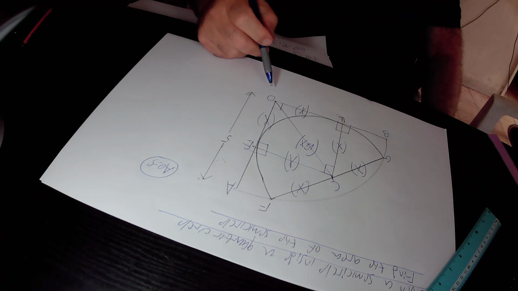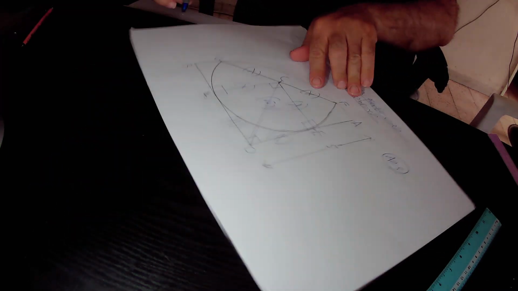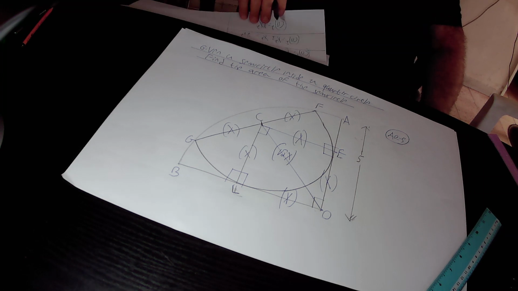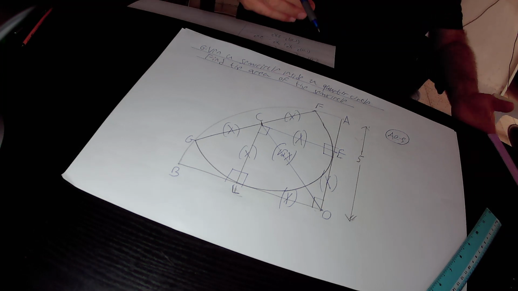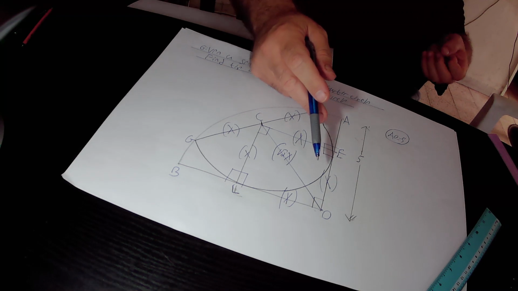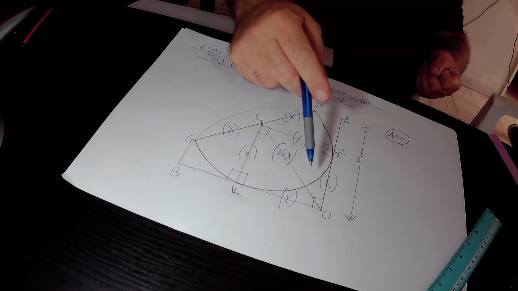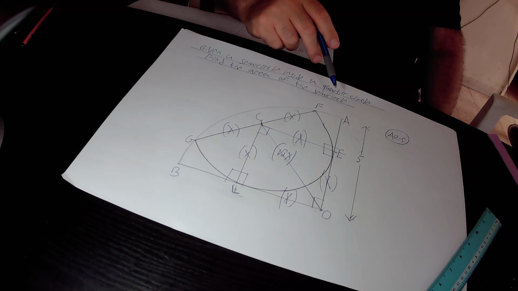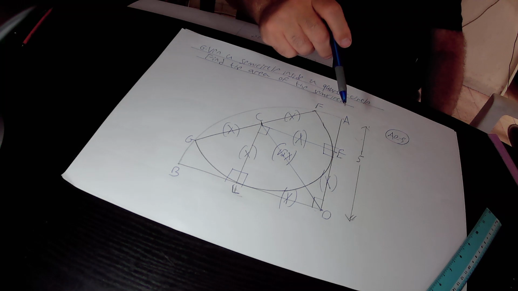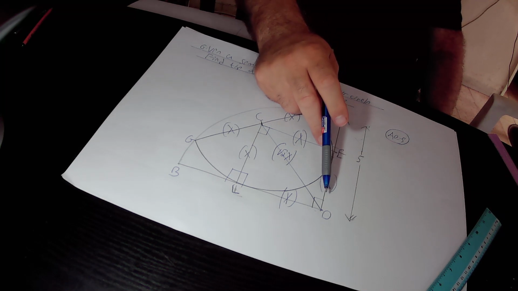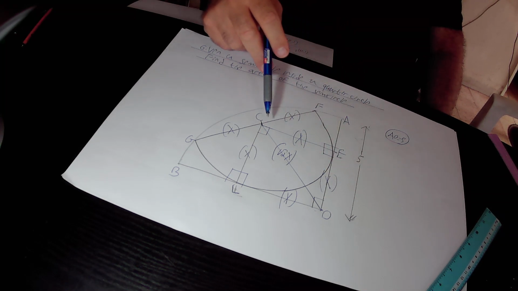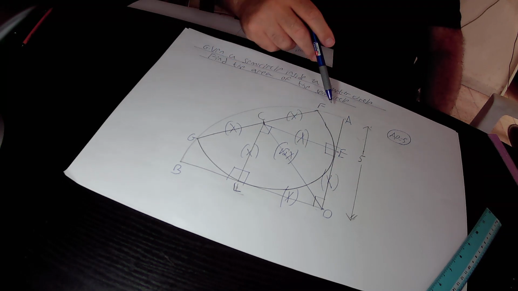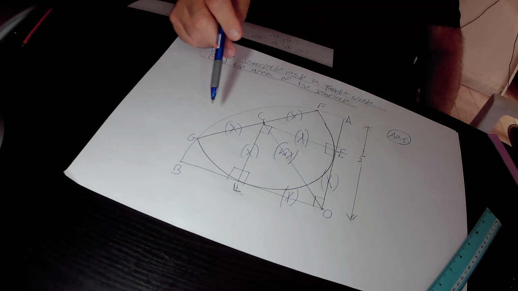Actually, point O is the center of the quarter circle, and from the center of the quarter circle, that is to say from point O, we have line segment OC that bisects chord GF. Why does line segment OC bisect chord GF?